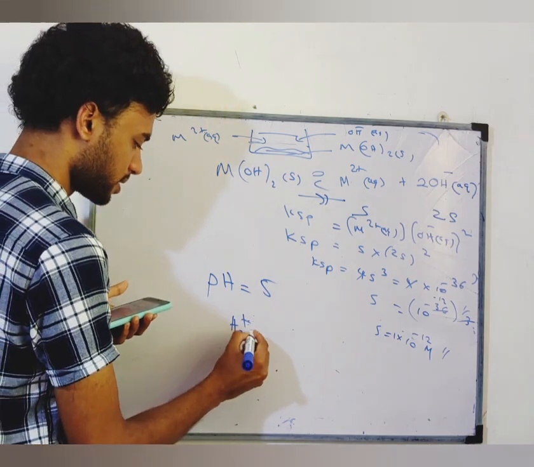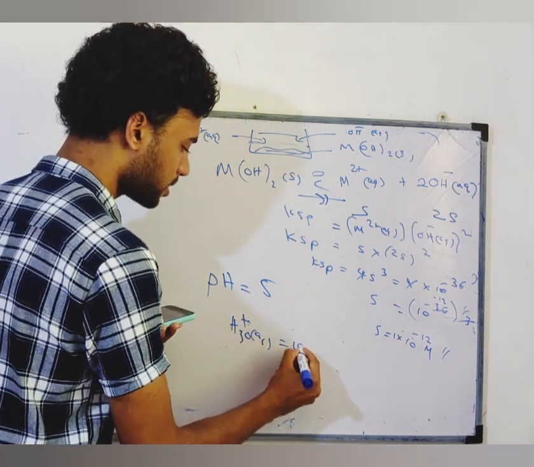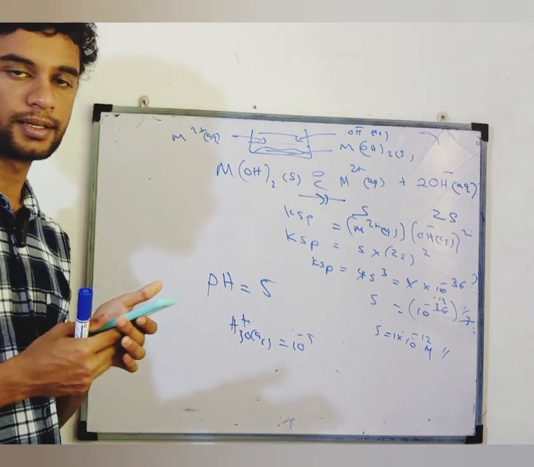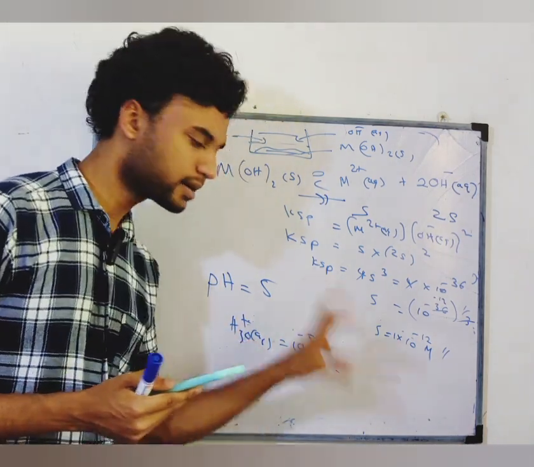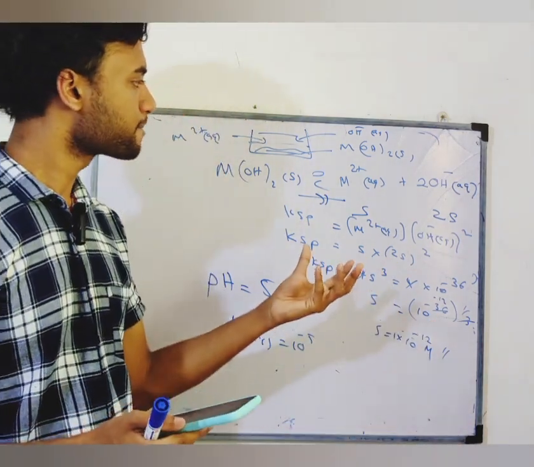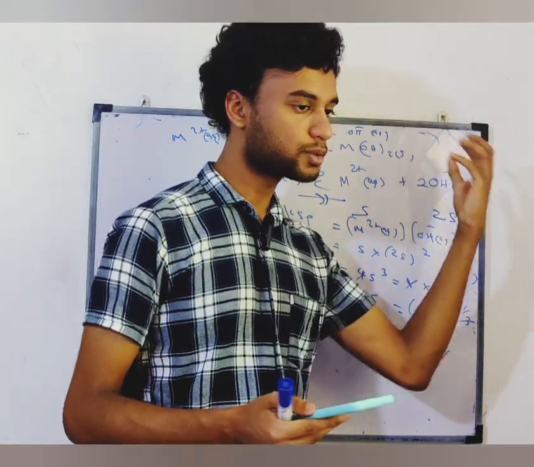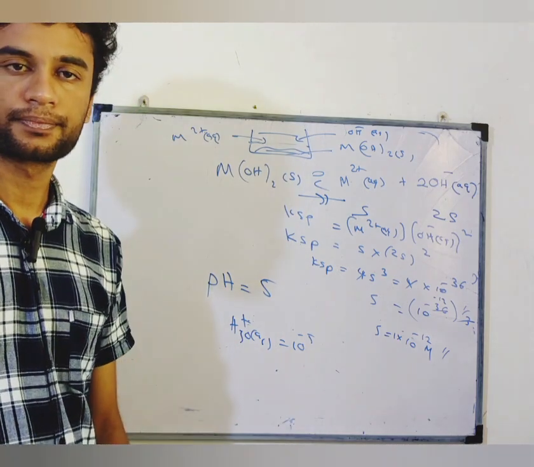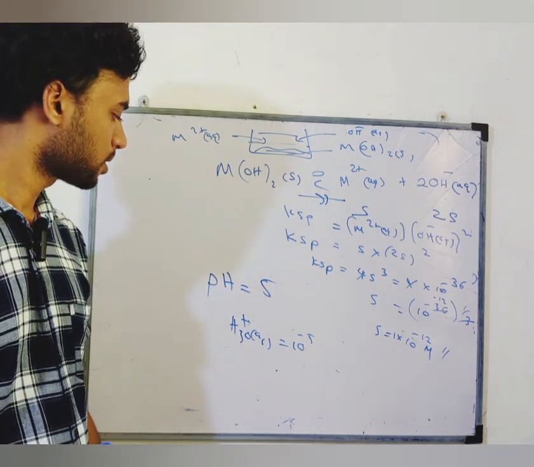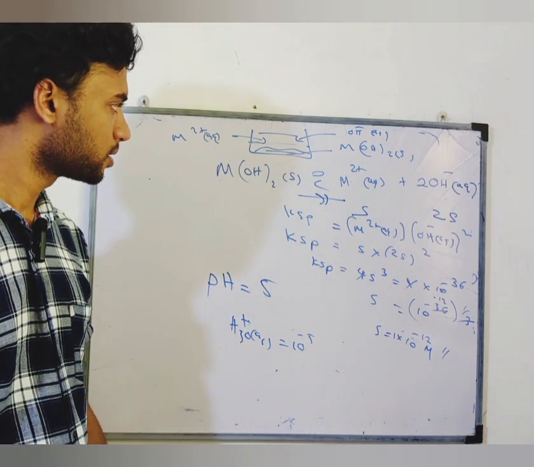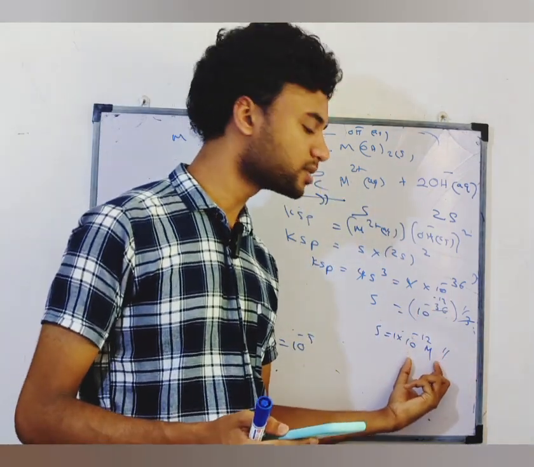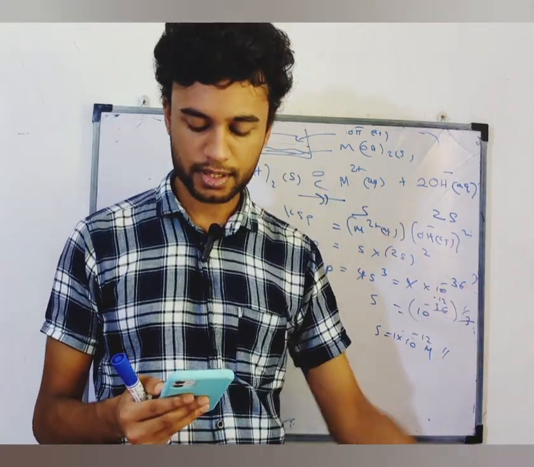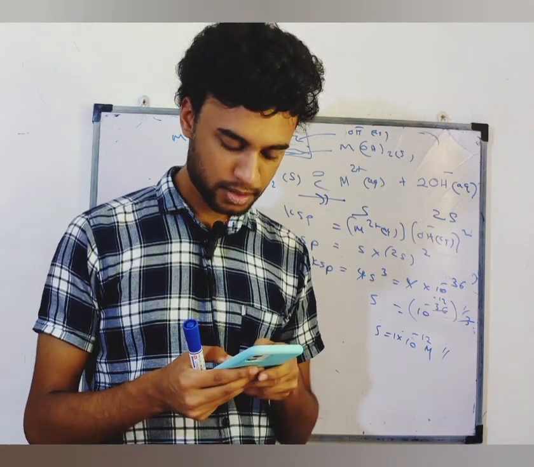The H3O plus aqueous concentration is going to be 10 to the power minus 5. Then I should have enough OH minus to be able to react with the H3O plus aqueous. That clear? Got it? Then can I have such a small concentration react? No. Then again, the question is wrong. So this question is erroneous.